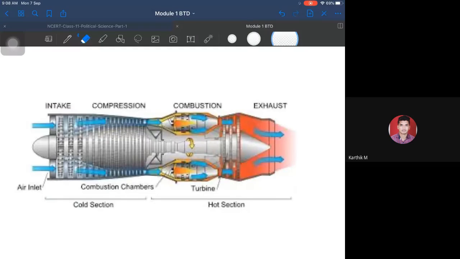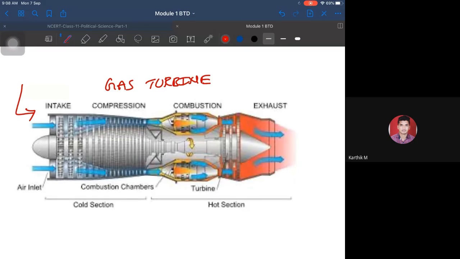So basically, this particular thing is nothing but your gas turbine. What happens in a gas turbine is you will be inputting a gas into the system, which has a cold section where the temperature of the gas is not so hot, and it has a series of turbines.